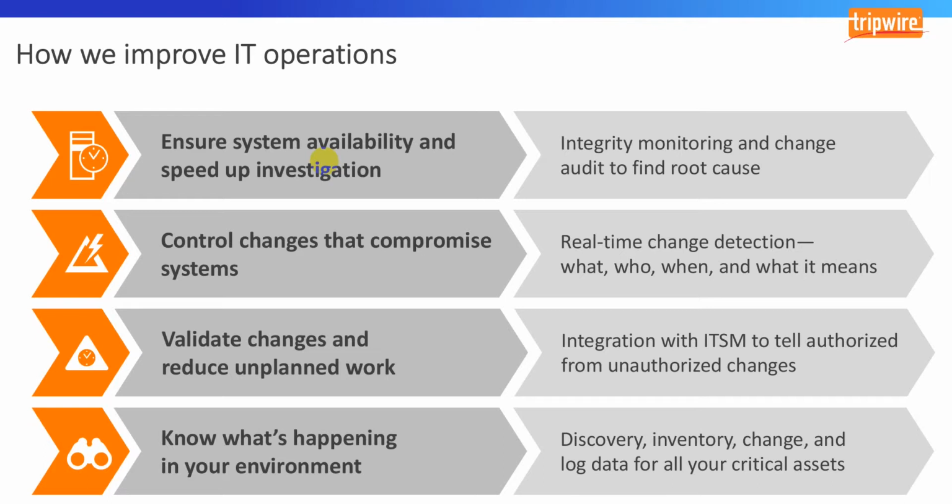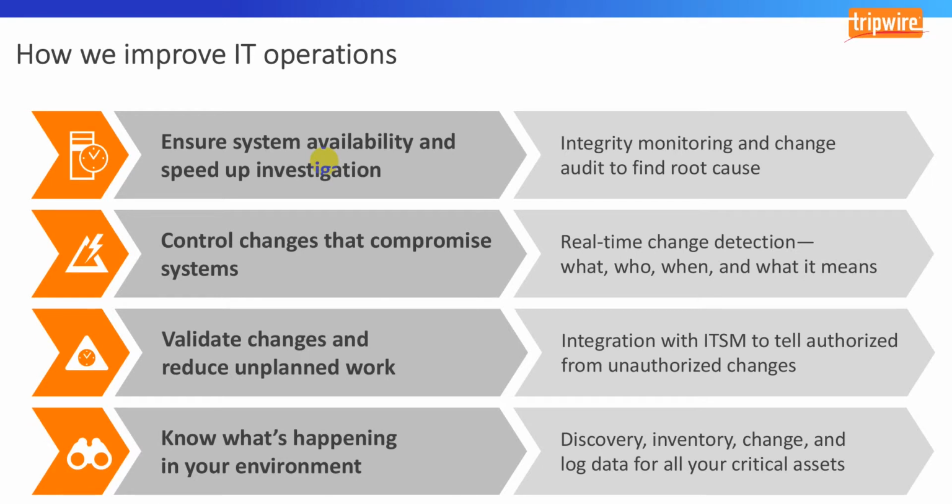To ensure system availability, you need to ensure the changes and you need to ensure the authorization of these changes. Maybe the user is legitimate, but the change is not legitimate. Maybe the change is not legitimate, and the user who did it is not legitimate.